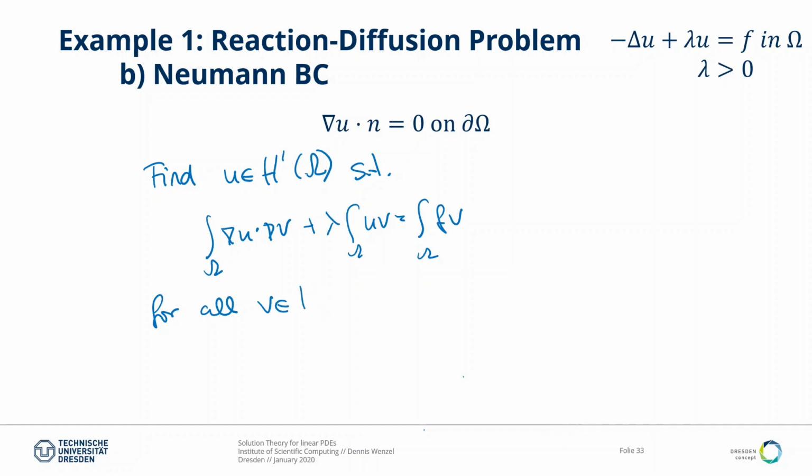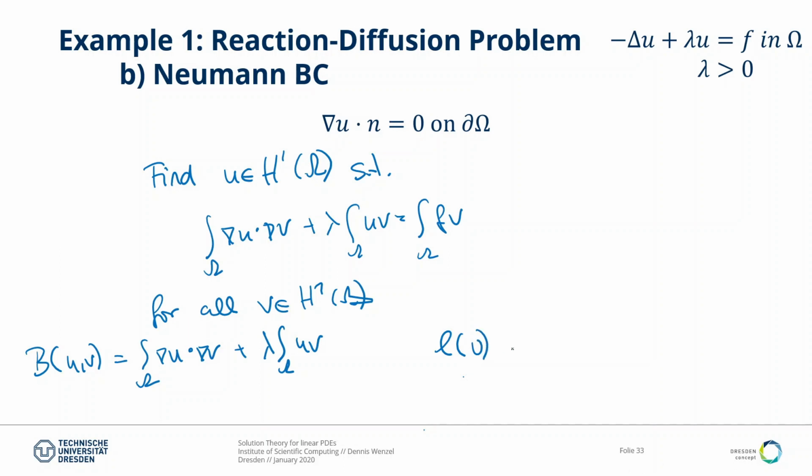Okay, you see here that the bilinear form B of u and v hasn't changed from our previous consideration, so that's still gradient of u times gradient of v plus lambda integral over u and v. The linear form also hasn't changed, so that's also still the integral over omega of f times v.